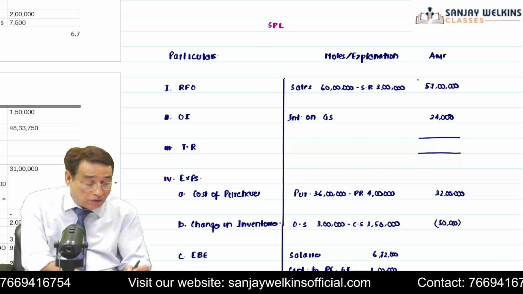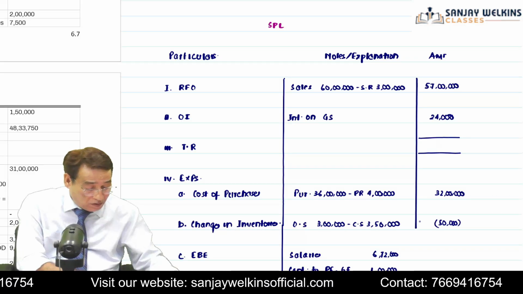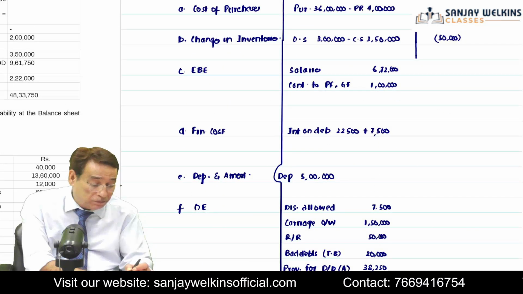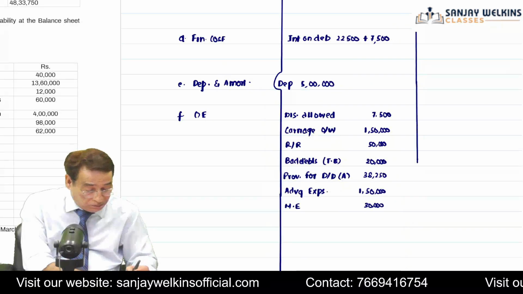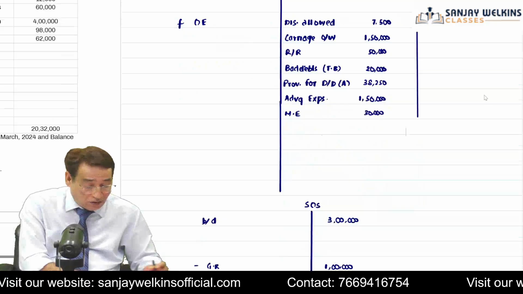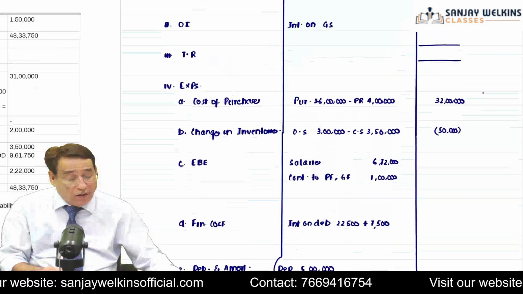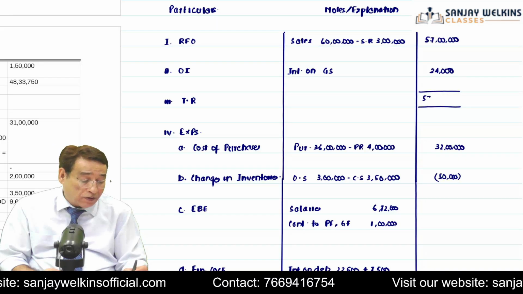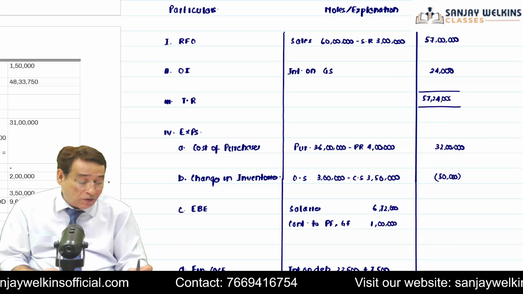This is the problem. So now your total will be equal to 57,24,000. This will be your total.